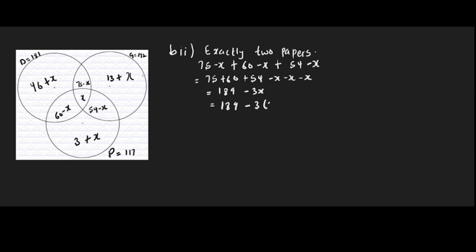That is 3 brackets 39, and that's going to give us 189 minus 117, and that's going to give us 72. That means 72 read exactly 2 papers.